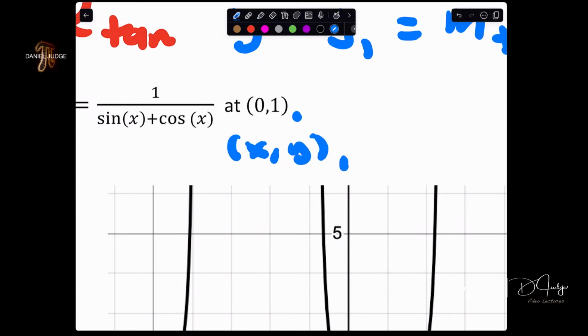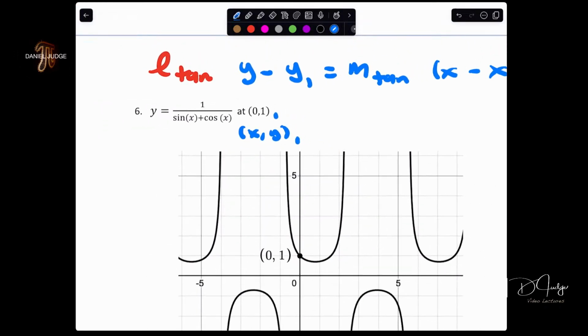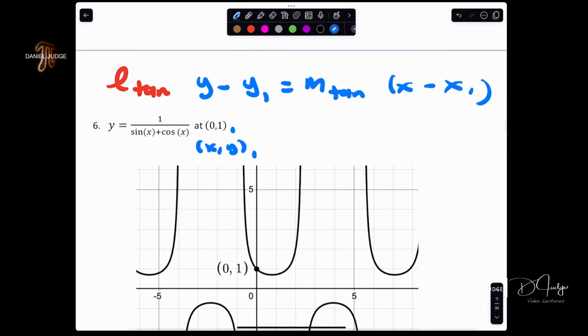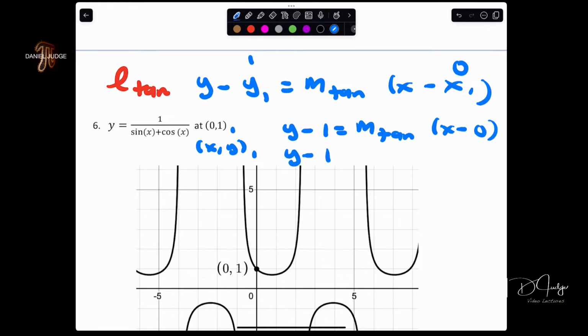Here's the x and y coordinate of what we need there. So the x coordinate is going to be 0, and the y coordinate is 1. So we get y minus 1 becomes m tangent times (x minus 0), or we can say y minus 1 equals m tangent times x. So we just need our m tangent again, and we will solve for y to get that equation.